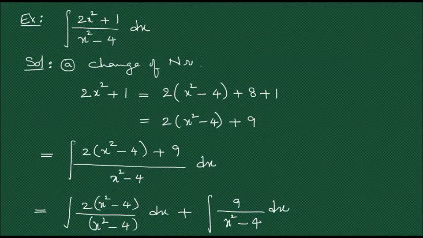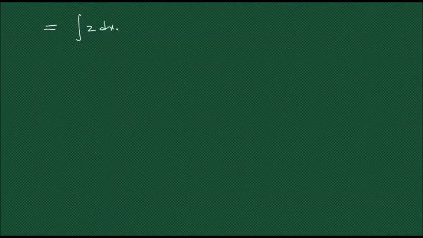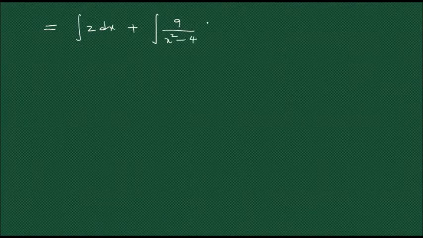Here x square minus 4 and x square minus 4 get cancelled. On simplifying, I will get integration of 2 dx plus integration of 9 by x square minus 4 dx.